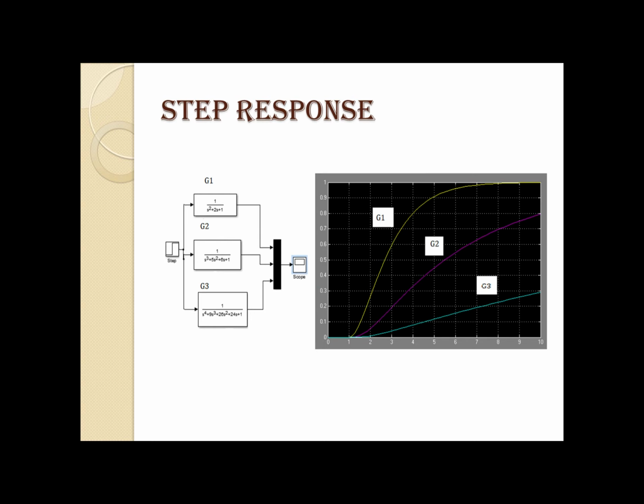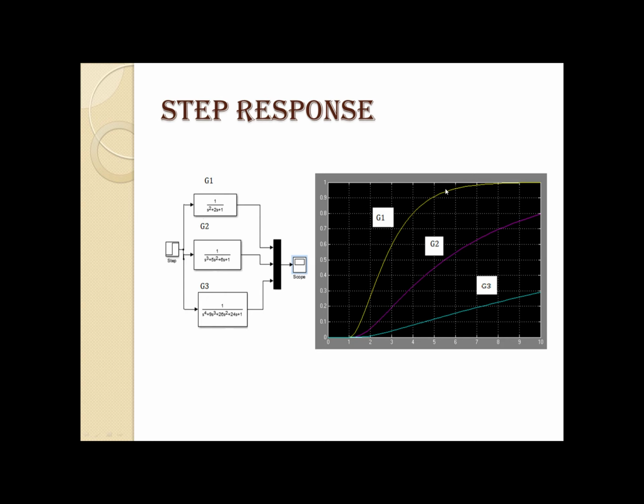Next, we are giving the step response to these 3 different systems. G1 is the first system, which has only 2 poles. The second has 3 poles, and this is the 4-pole system. Using Simulink, I have made this. We are giving the step input to all these systems, and in the scope we can see the step response.